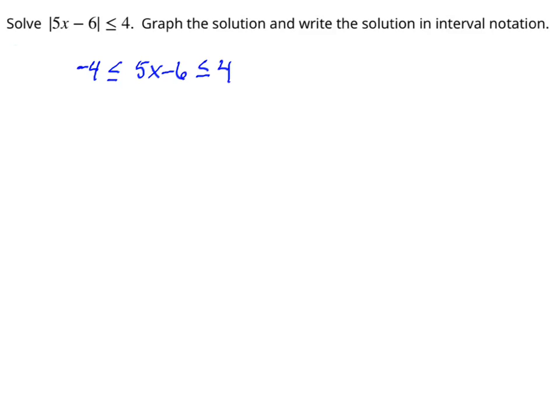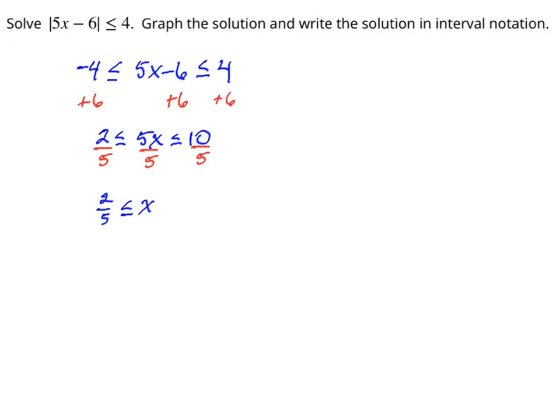Then to solve this for x, it's just like solving an equation. We add 6 to all three parts, and we get 2 is less than or equal to 5x is less than or equal to +10. Then divide each of the three parts by 5 to get x by itself.